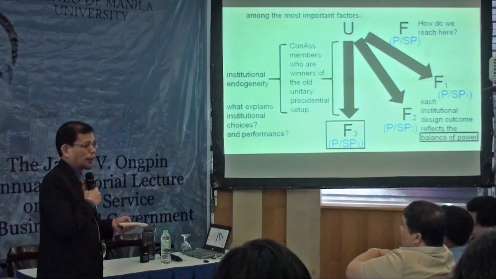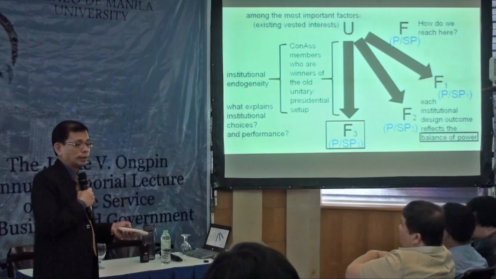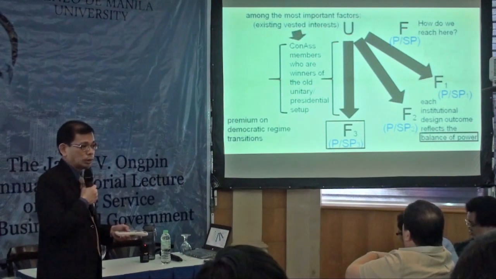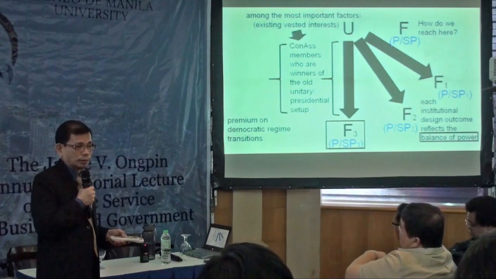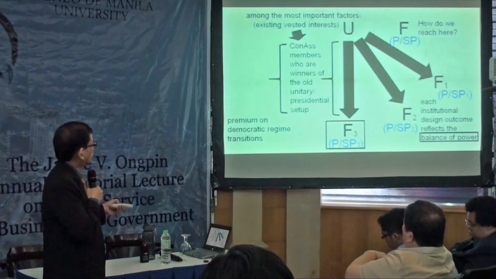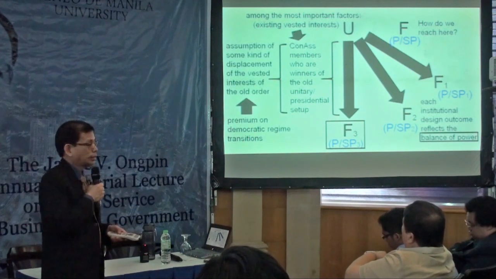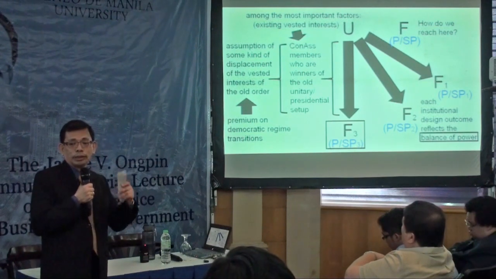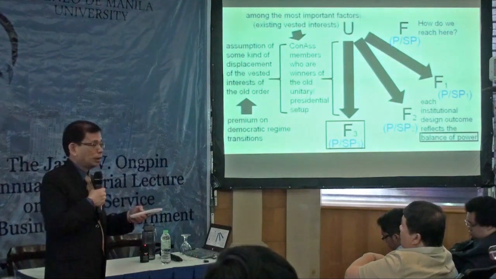Among the most important factors of institutional endogeneity are these existing vested interests. That is why in democratization literature, there's actually a premium on democratic regime transitions. Why? Because the assumption is some kind of displacement of the vested interests of the old order happened, at least at the political level. That's why, by definition, you're having a regime transition.